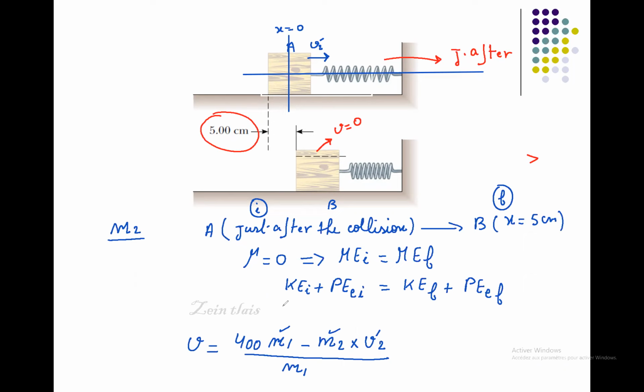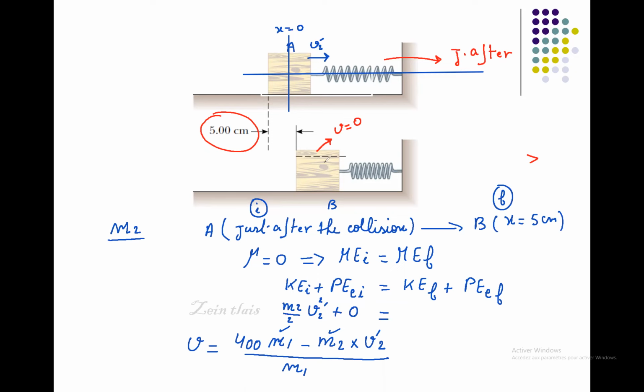So we have kinetic equals m2 over 2 times v2 prime squared, plus we don't have x, so we don't have elastic potential, equals.